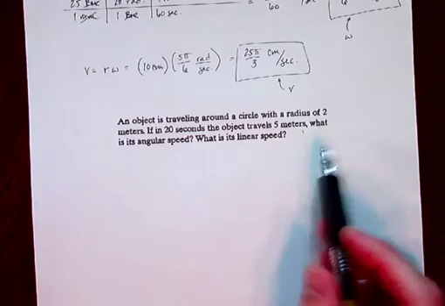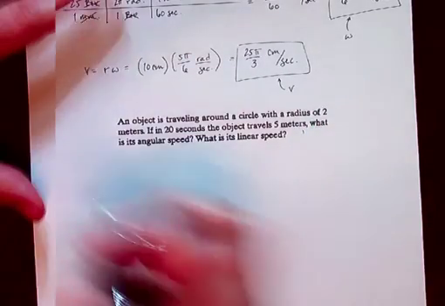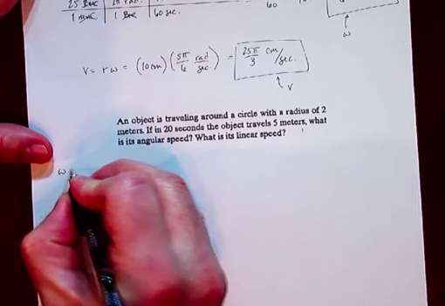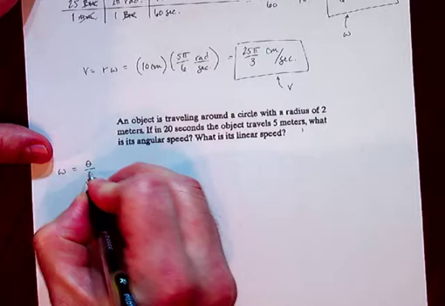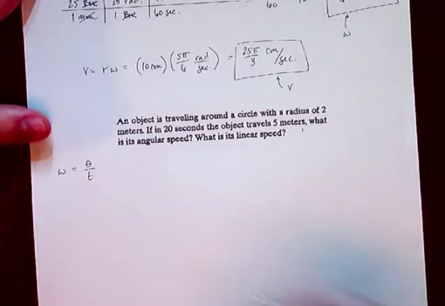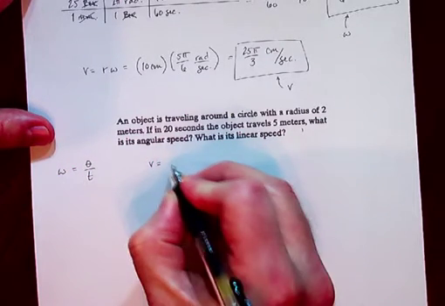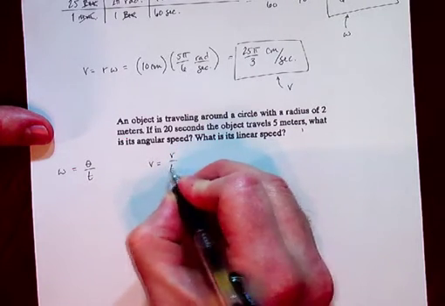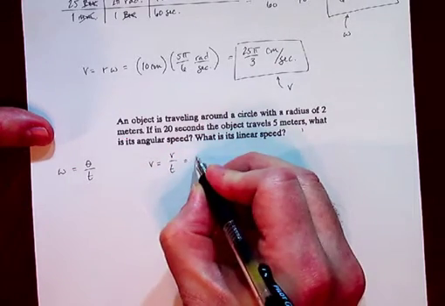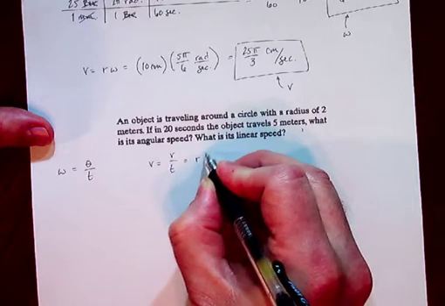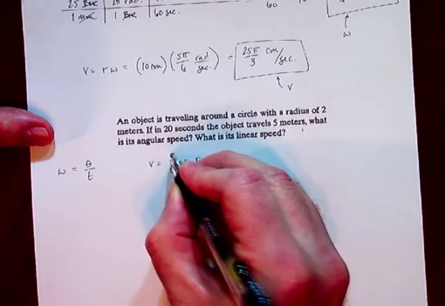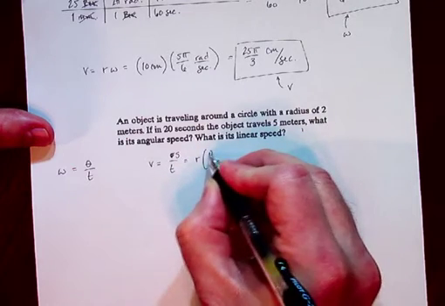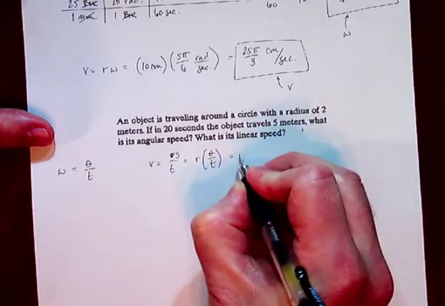Basically we remember that its angular speed, omega, is going to be theta over t. Linear speed, again, is going to be s over t, which is r theta over t, which is r omega.